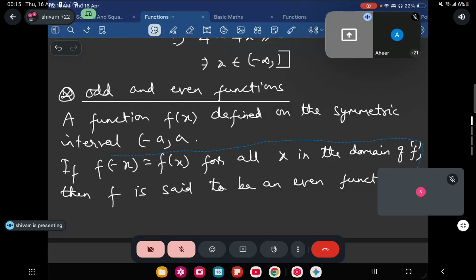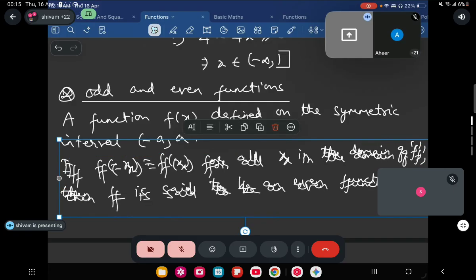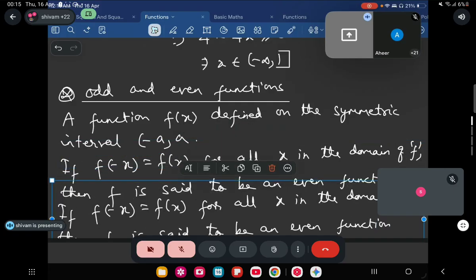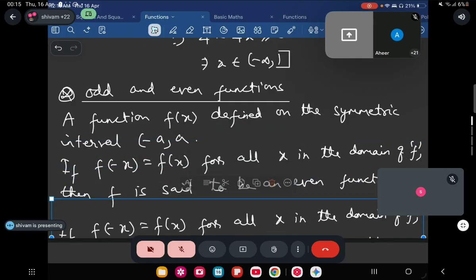And even and odd functions are very much important. You will see their importance in other topics of calculus also.